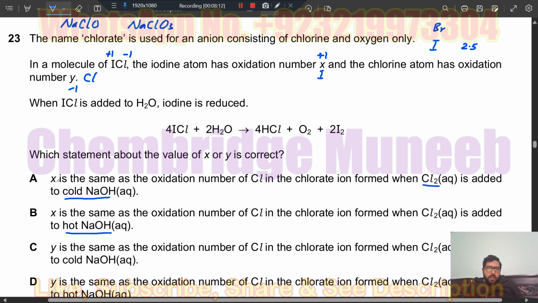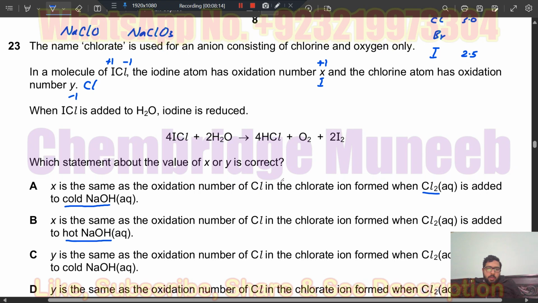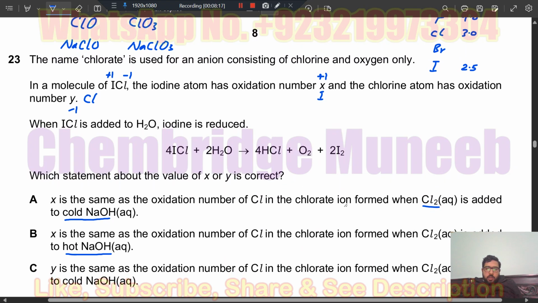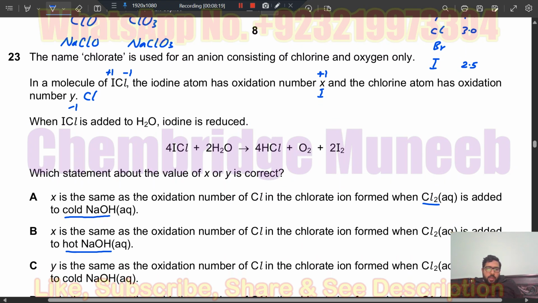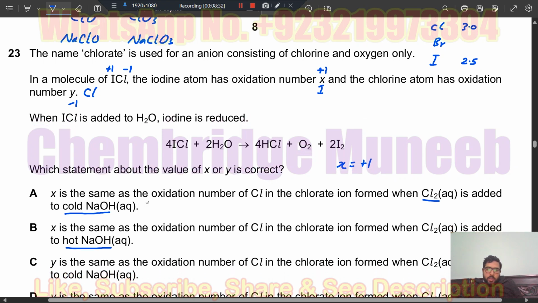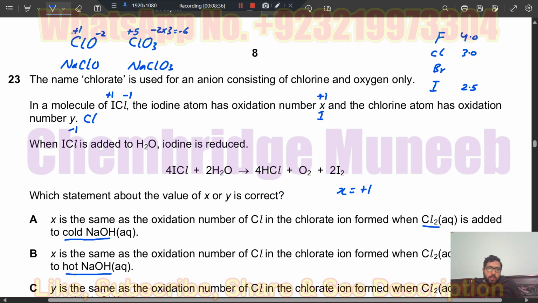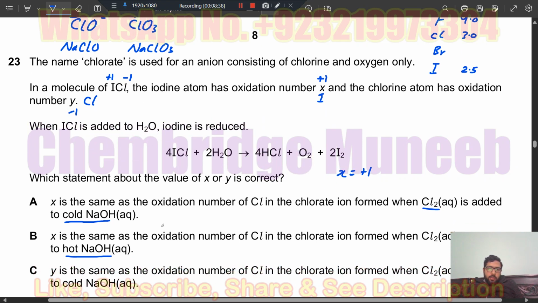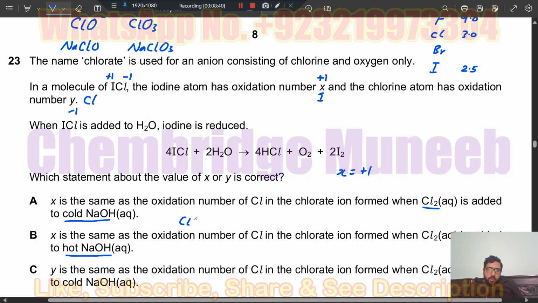Okay, now they are asking which value of X or Y is correct. X is the same as the oxidation state of chlorine in the hypochlorite form when Cl2 is added to cold NaOH. We already know that X is equal to +1, and in cold NaOH the oxidation state of chlorine is also +1, that is ClO, where Cl has +1.